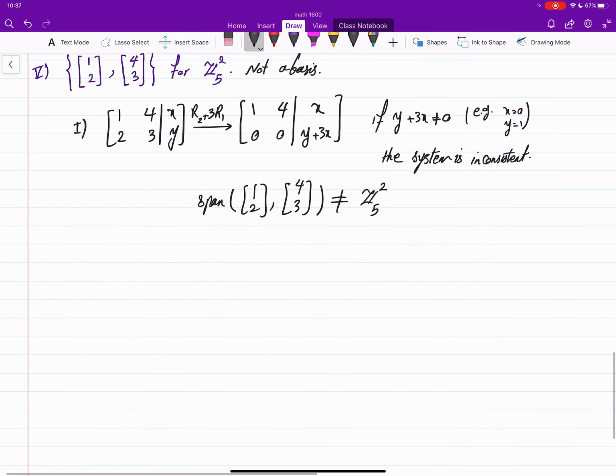Let me just add one example in which we can find a basis easily.